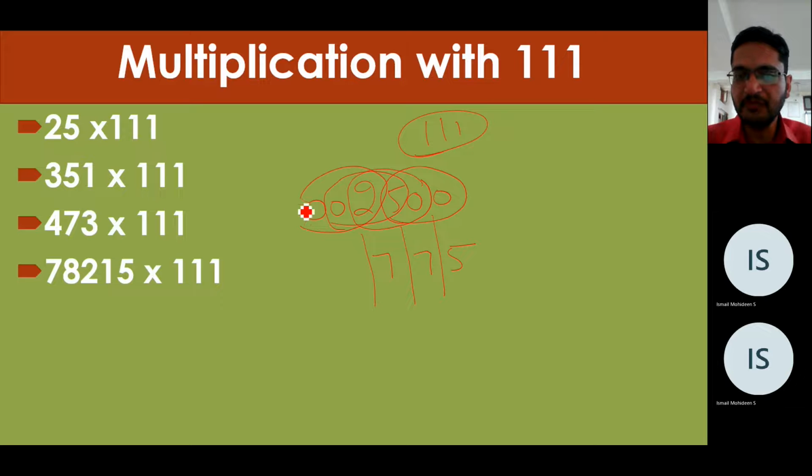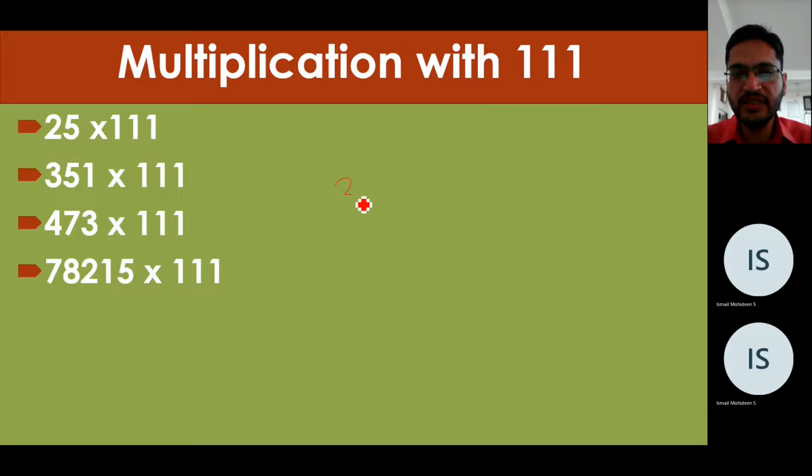Next the last pair will be 002, so when we add 002, I will get 2. So the answer is 2775. If we get a 2-digit number anywhere when we add the pair, then we will apply the balancing rule.